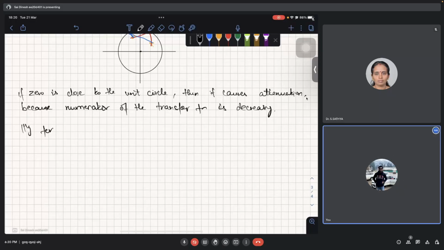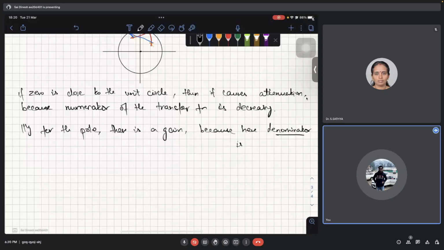Similarly for the pole, there is a gain, because your denominator is decreasing. Right?